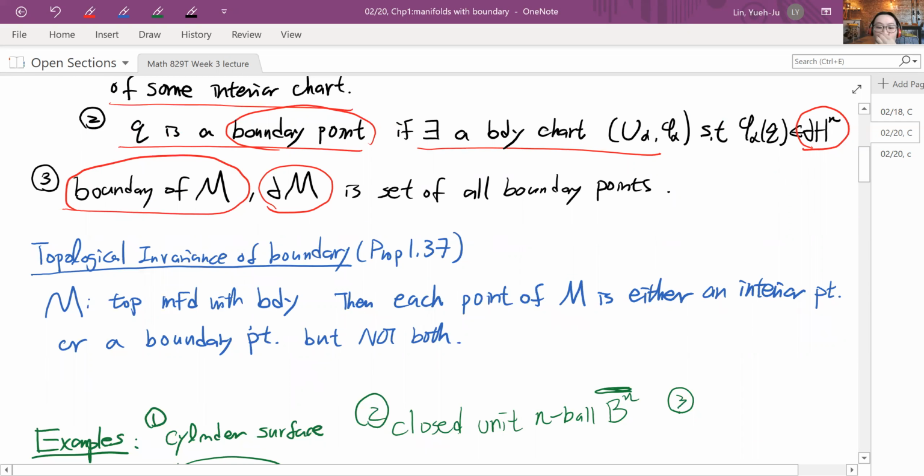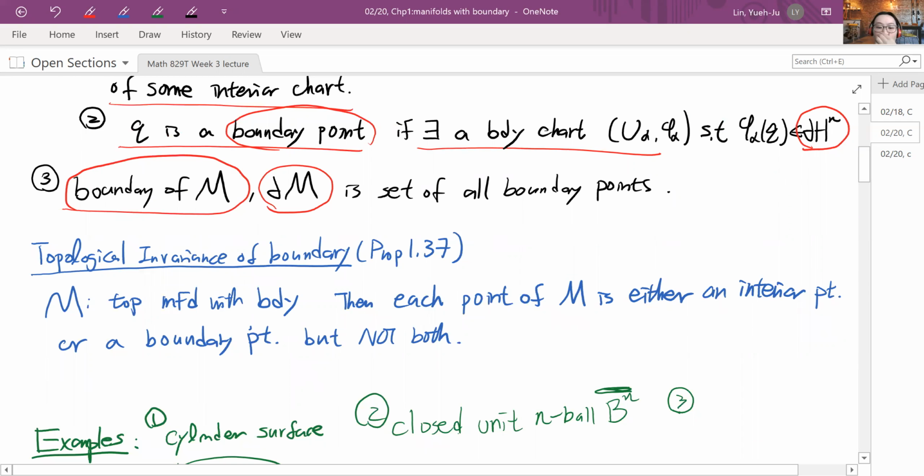You take the whole R1 cross the half line, then this would be the upper half plane. And Hn is indeed a manifold with boundary, right? So if only one of them has boundary, then you're good. With more than one, you may have a problem. That's what this proposition is talking about.